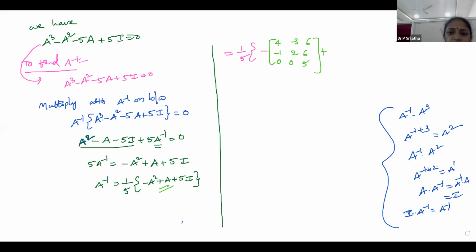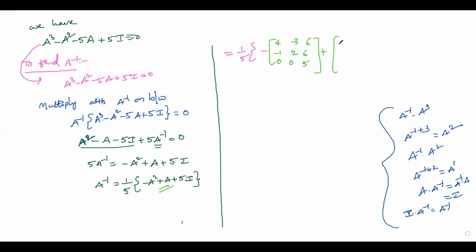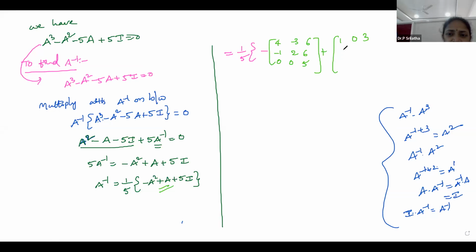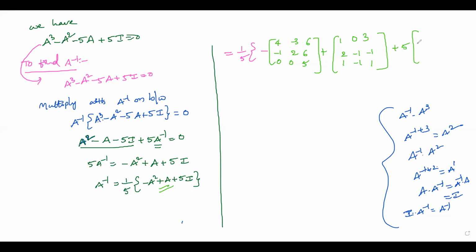What is our given matrix? 1, 0, 3; 2, minus 1, minus 1; 1, 0, 3; 2, minus 1, 1 as the rows. Okay. Next, plus 5 into I, identity matrix of order 3.